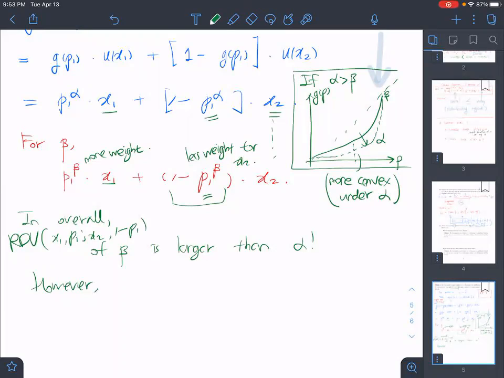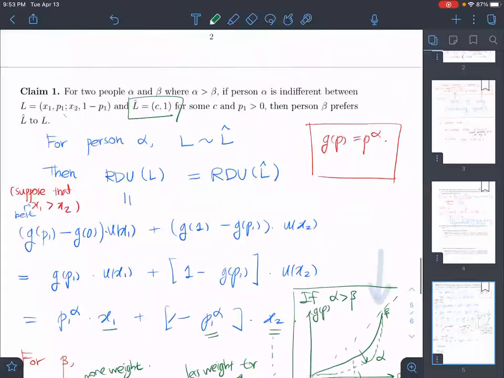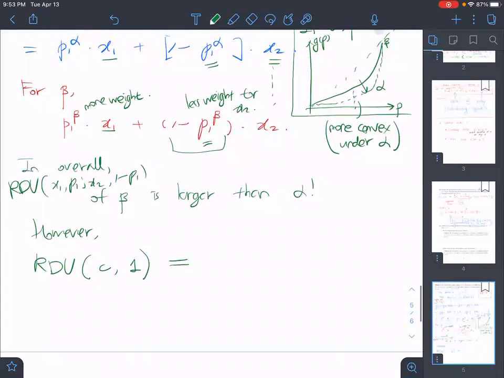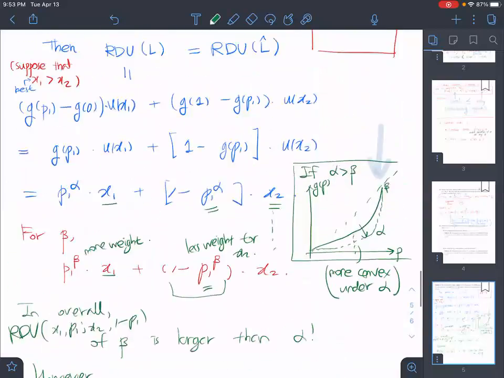However, for the sure outcome, RDU of sure outcome C happening with 100%, this one is the same for both alpha and beta. Okay, so we have all the components here.